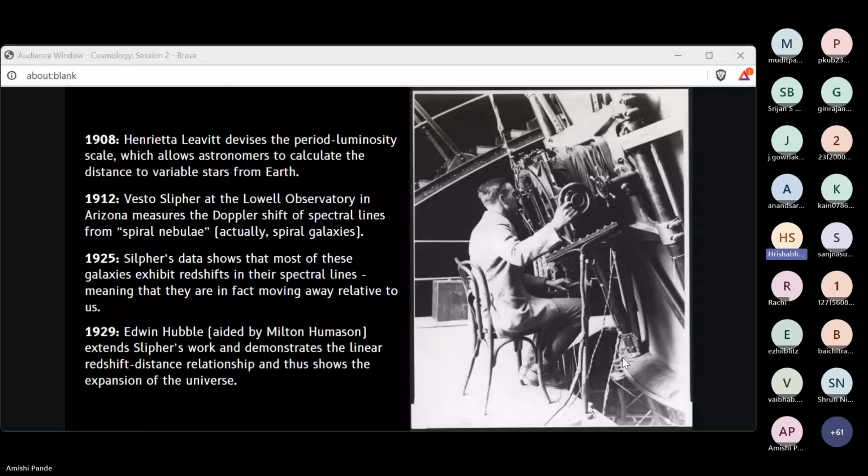If I had to point out a single most important observation with regards to cosmology, it would have to be this. We have an entire story of stuff that was happening, but for me, it was the 1929 observation.